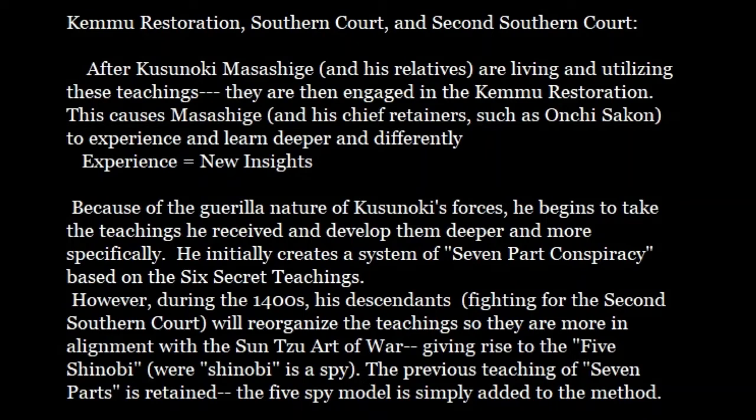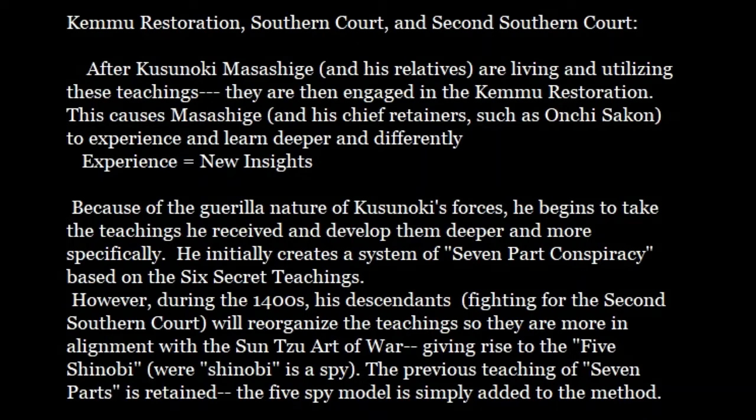Then they engage in the Kenmu Restoration. And this causes Masashige and his chief retainers such as Onchi Sagan to experience and to learn more deeply and differently these teachings. In other words, experience brings about new insights.